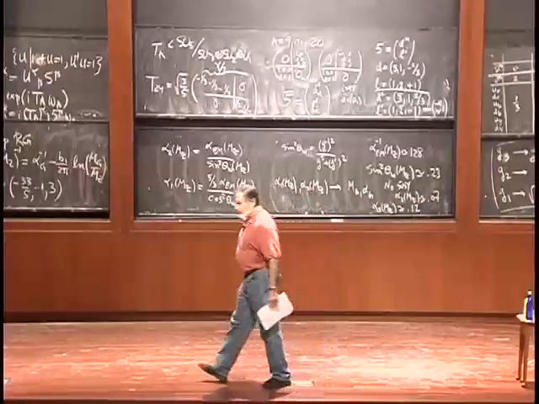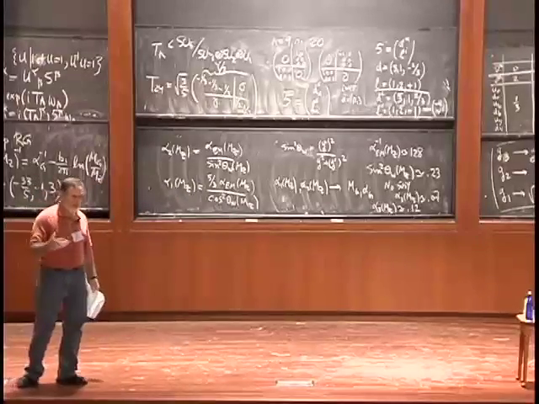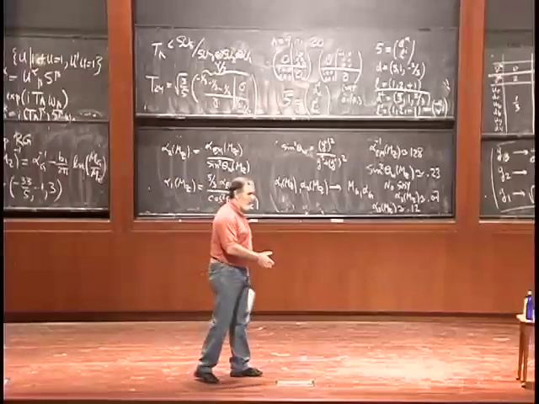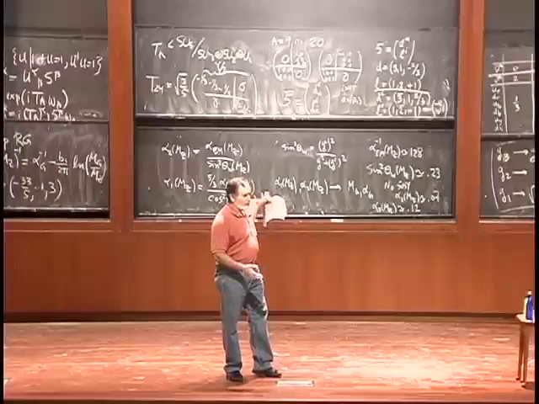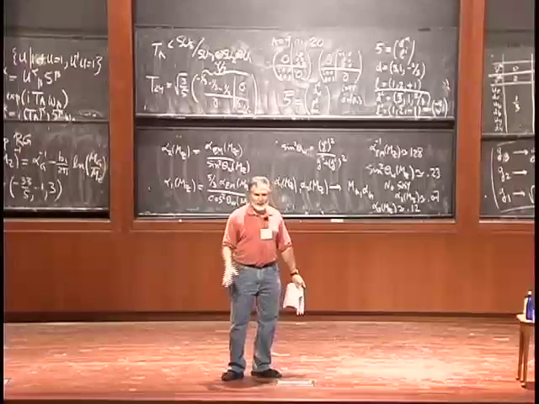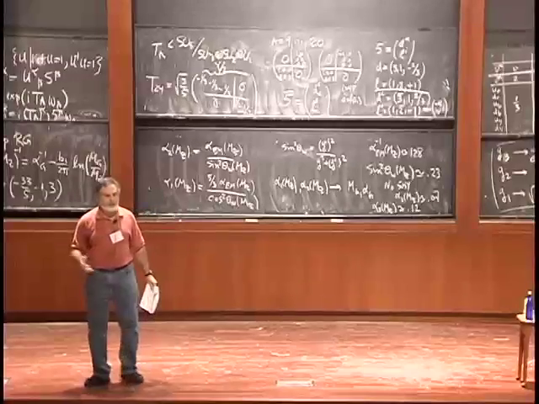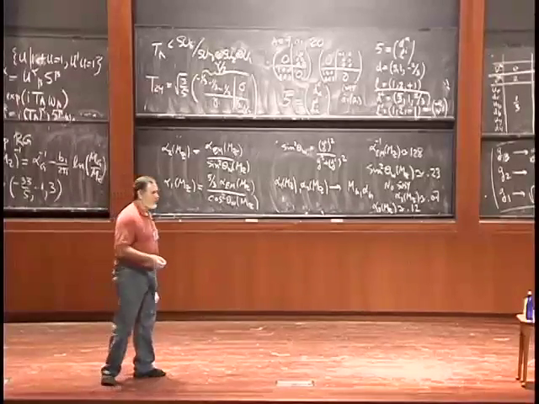I don't have time to go into it, but what we'll start next time is to show you that once you include 2 loop running from the weak scale to the GUT scale, and you include 1 loop threshold corrections at the weak scale, this beautiful 1 loop prediction actually goes a little awry. And you need some threshold corrections at the GUT scale to fit the low energy data. But they're not large, around 3-4%.